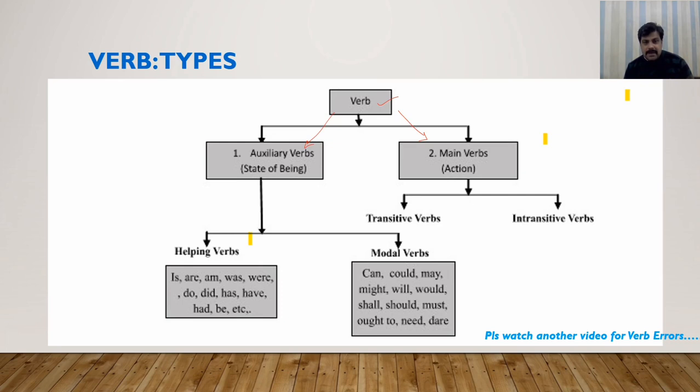Auxiliary verbs can be further divided into helping verbs and modal verbs. Helping verbs are is, am, are, was, were, do, did, has, have, had, be, etc. And modal verbs are 12 in number. I have already told you: can, could, may, might, will, shall, should, must, ought to, need, dare, etc. And main verbs now are of two types: transitive verbs which have object, and intransitive verbs with no object.